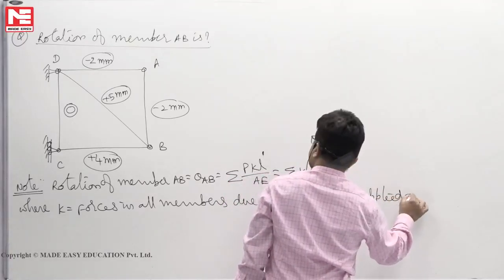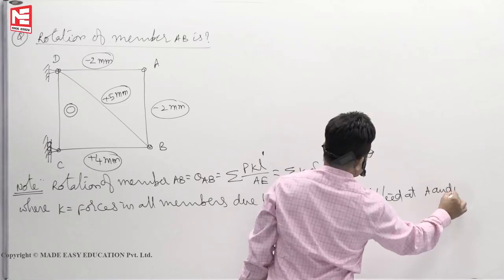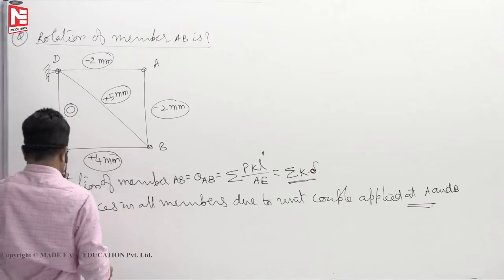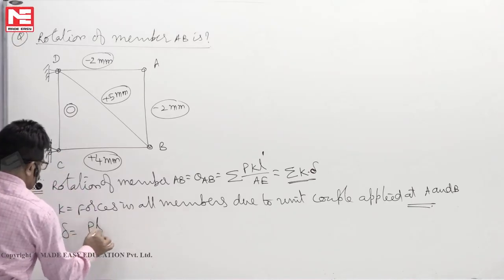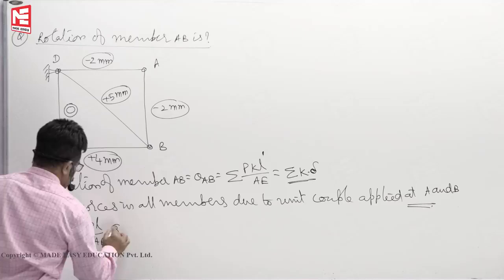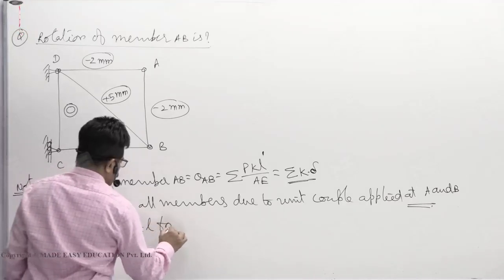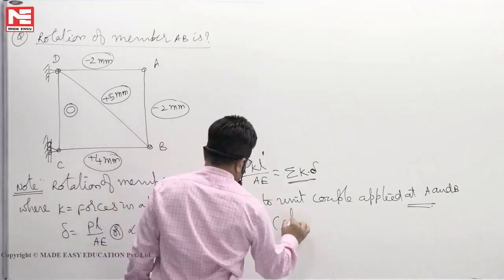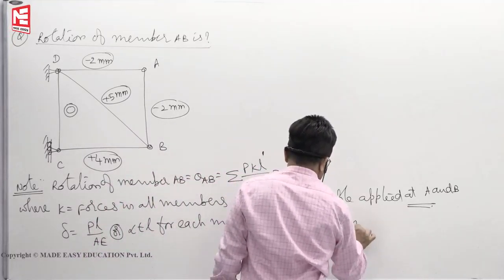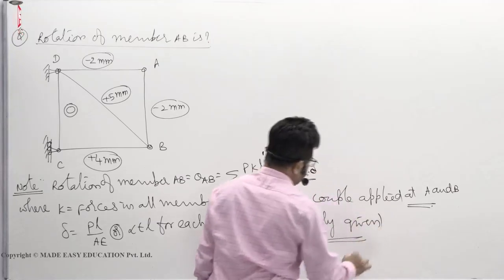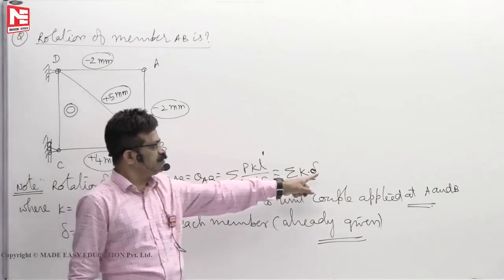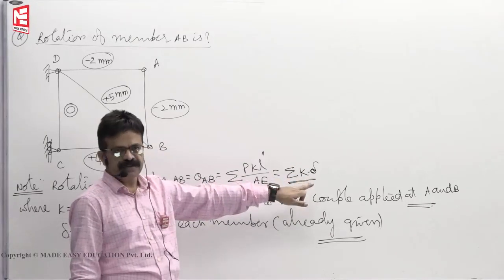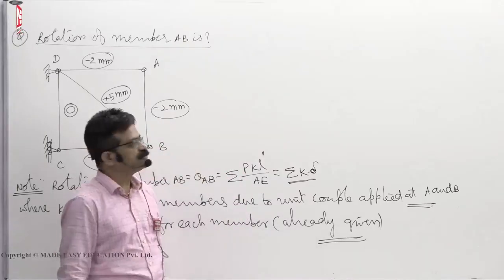Unit couple applied at A and B. Then delta, displacements, already they have given. Delta is equal to PL by AE or alpha TL for each member. These are already given. That means delta values are not required, already given. So in the first step, you have to find K values. Second step, K into delta.